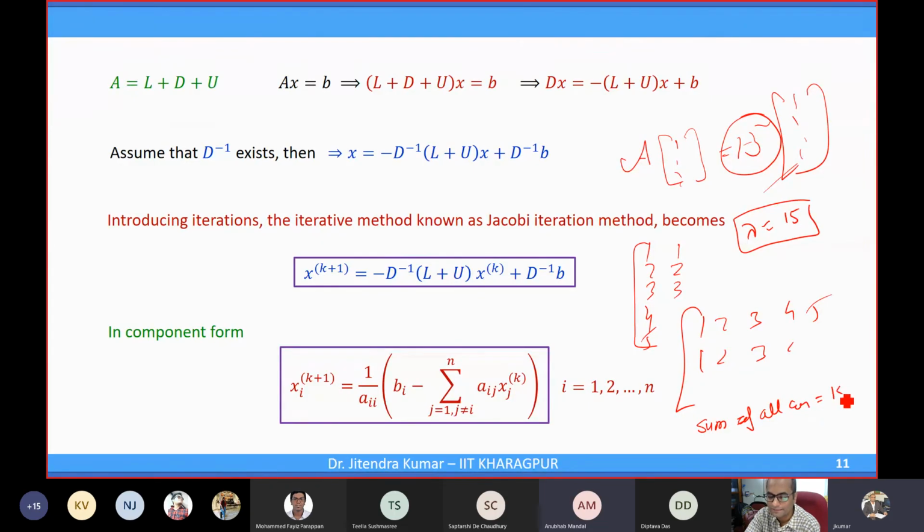Also 15. So what is the other eigenvalue? See, the sum is 15 and one of them itself is 15. So 0. Why is 0 the eigenvalue?